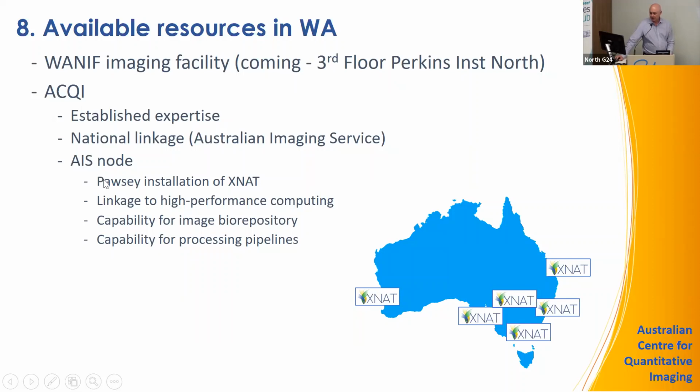ACQI's one node in a national network called the Australian Imaging Service. The Australian Imaging Service is multiple installations of a cloud database system for collecting imaging data in a well-governed way. Our local installation is on the Pawsey system.